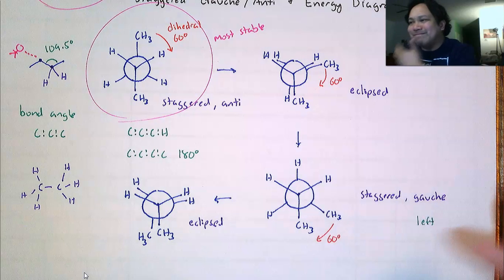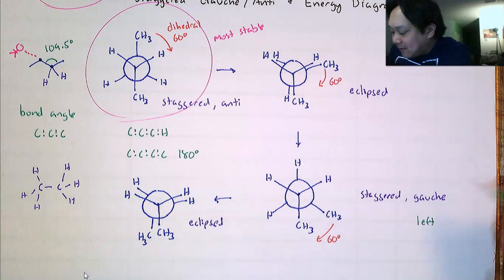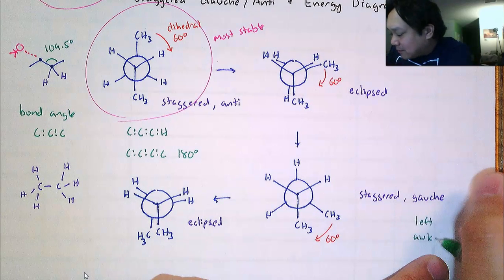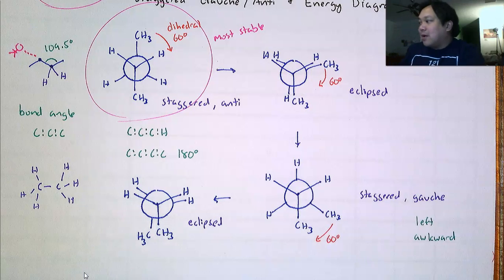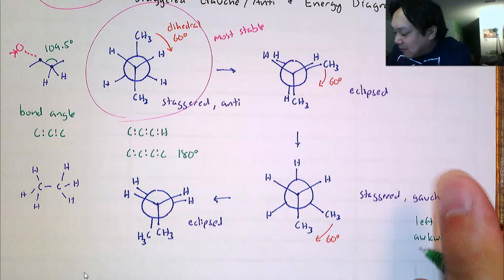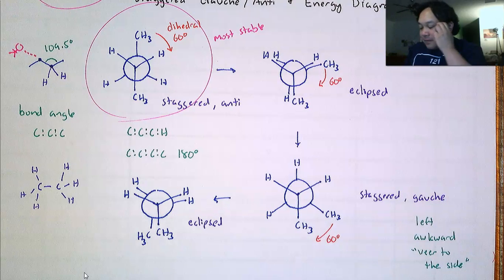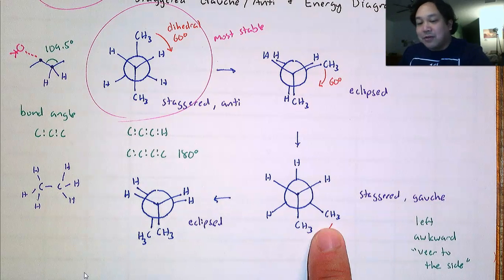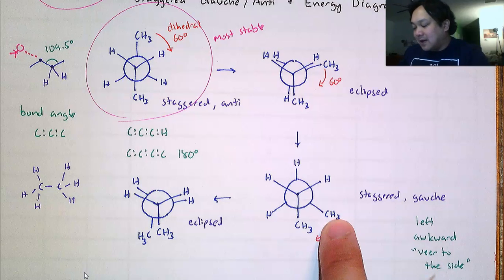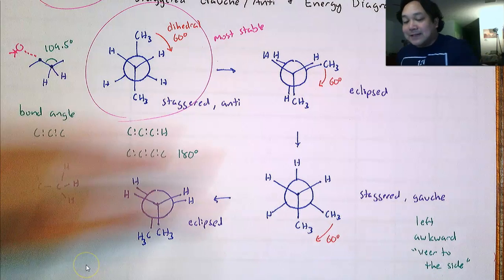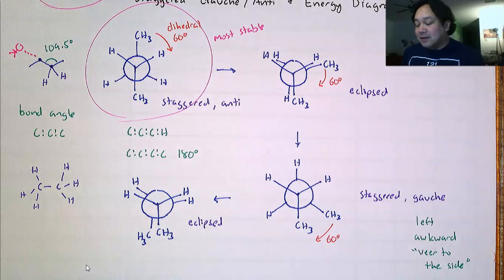Like it's the wrong footing if you're left-footed. Or, well, we'll just say awkward. Another way you could think of awkward is it veers. So we could think of it as a veer to the side. So this methyl group is veered just slightly to the side of this methyl group here. It's still staggered. It's still definitely more stable than the two eclipse.